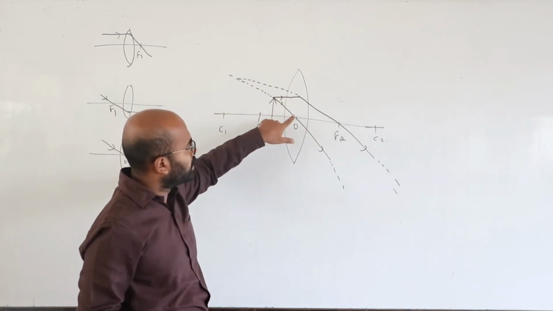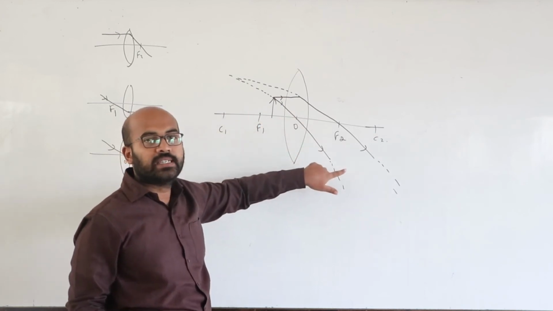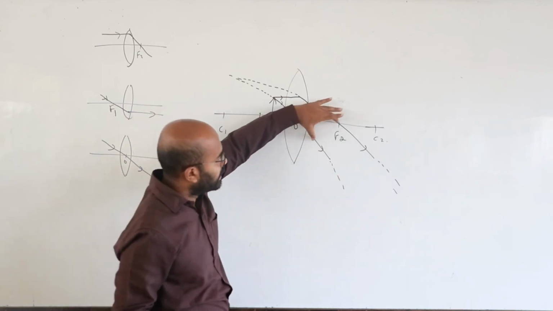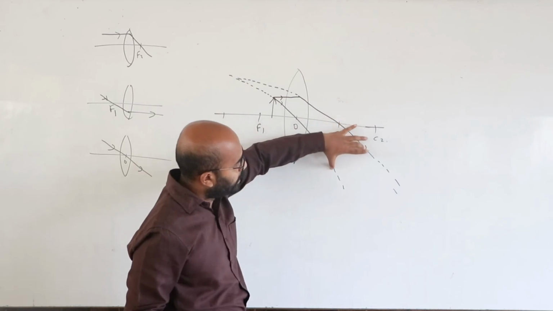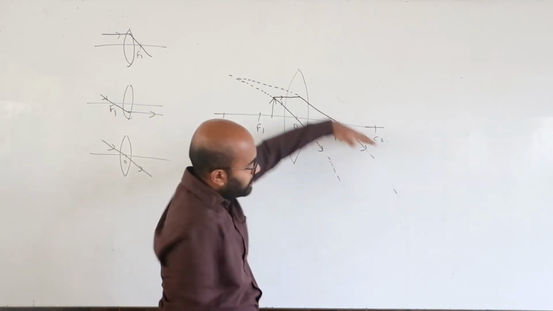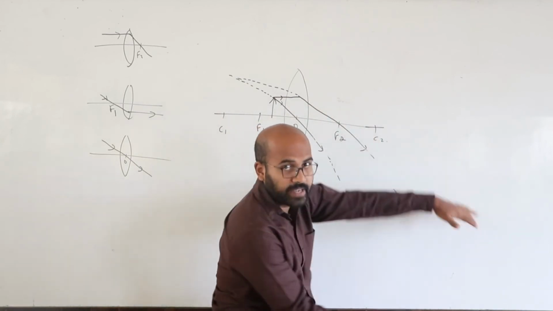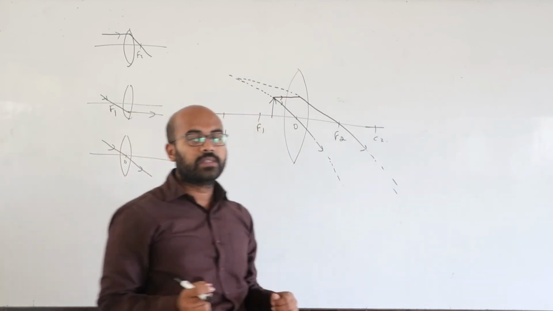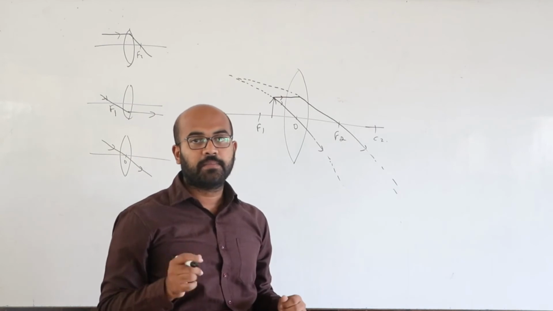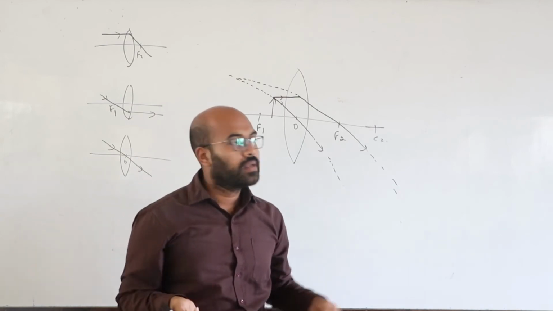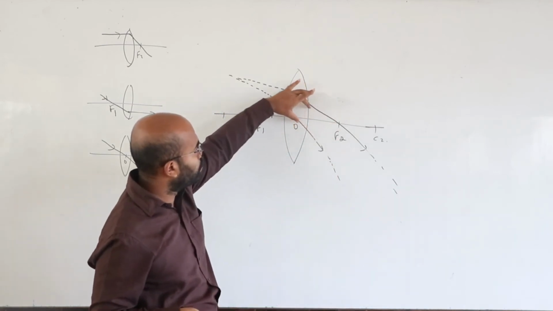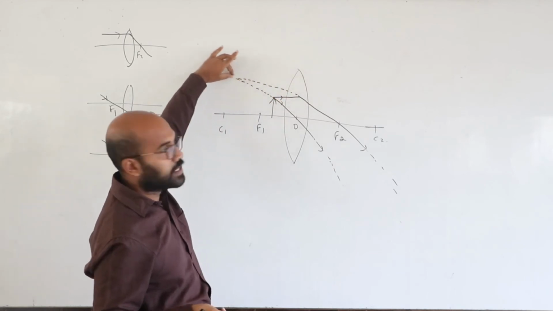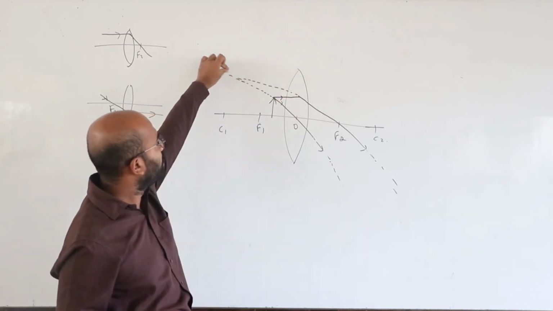This one passes through the optic center and goes in the same straight line. So when I look at this, it keeps expanding. It means it is getting diverged. So there should be some common point behind. When I extend these two light rays, they meet at one point.